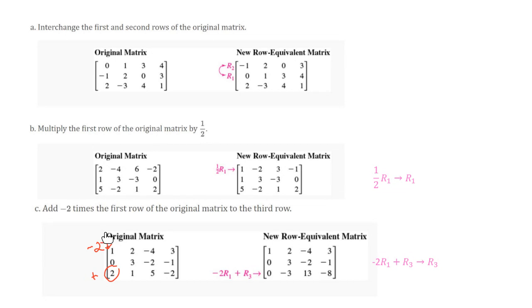Let me do that again. -2 times 1 plus 2 will give me this 0. -2 times 2 is -4, plus 1 gives me the negative 3. And negative 2 times negative 4 is 8, plus 5 gives me the 13. And negative 2 times 3 is negative 6, plus negative 2 gives me negative 8. Okay.